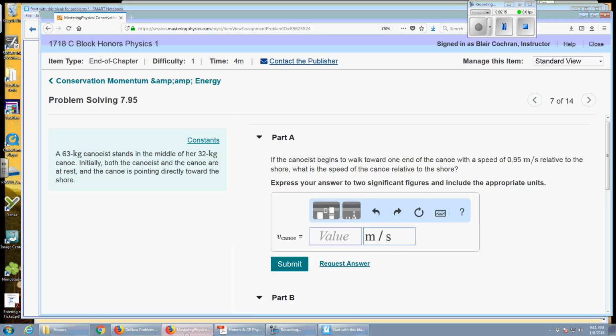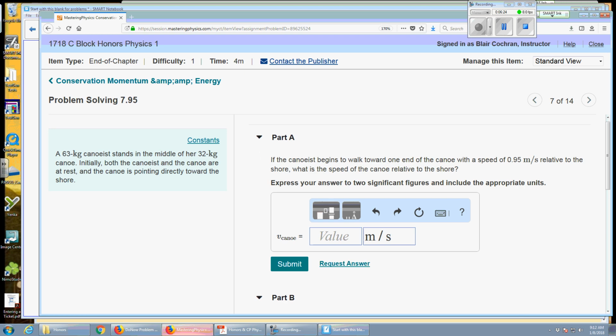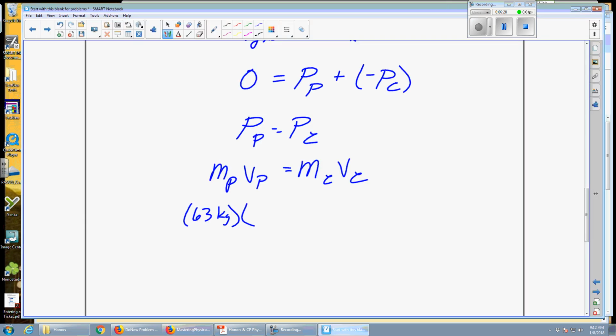Let's see. 63 kilograms moving at 0.95, and 32 kilograms, speed of the canoe.